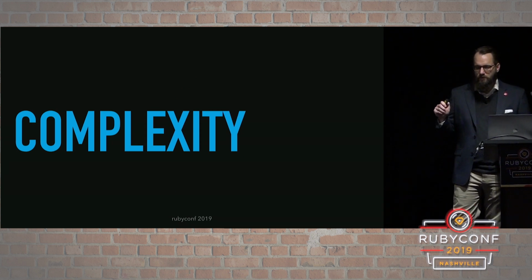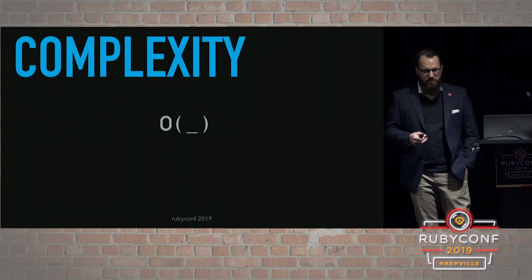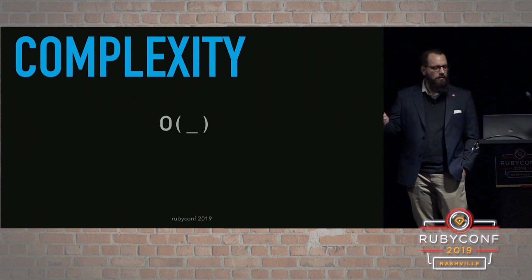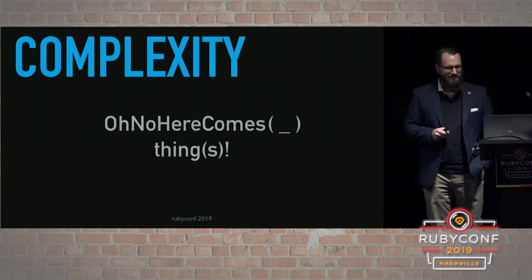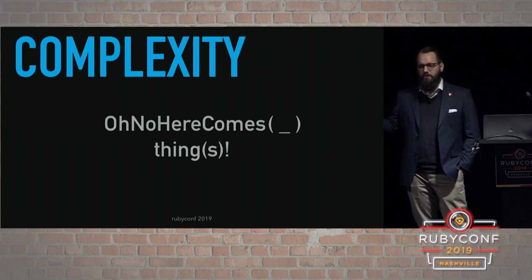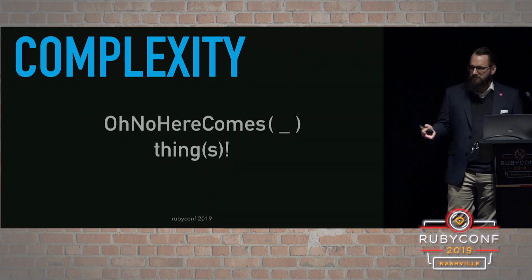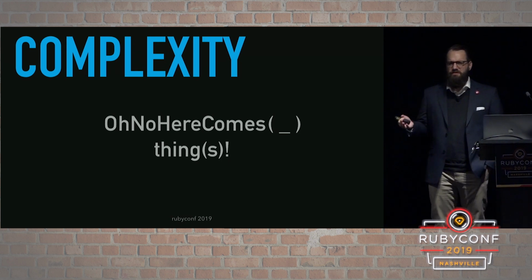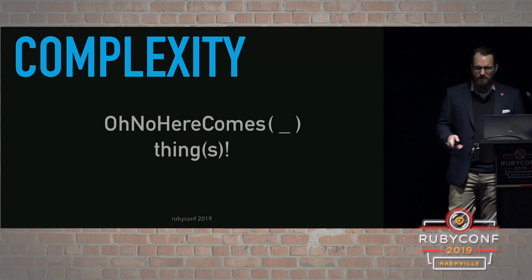Complexity. So when we talk about complexity, we usually talk about O of something. There are a number of other ways to analyze complexity. This is big O notation. There's also little o. There's big theta. There's big omega and little omega. We're not going to talk about any of that today, just big O notation.